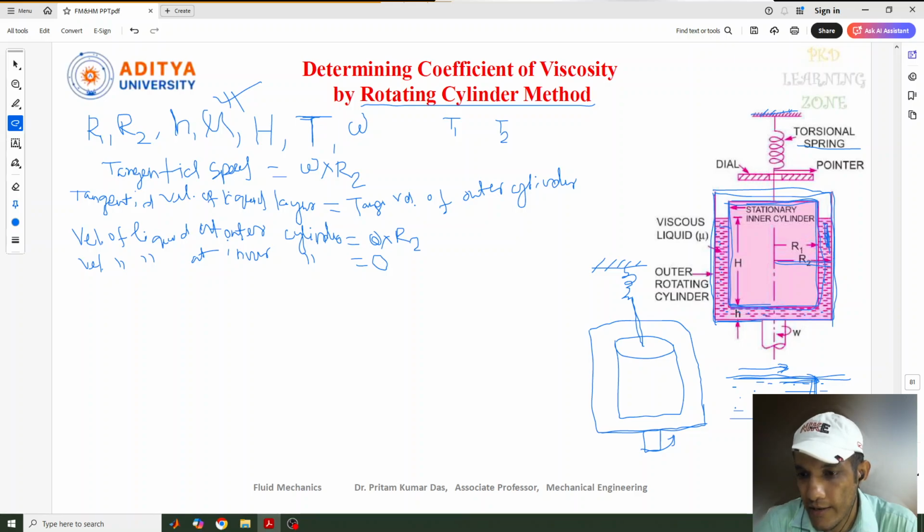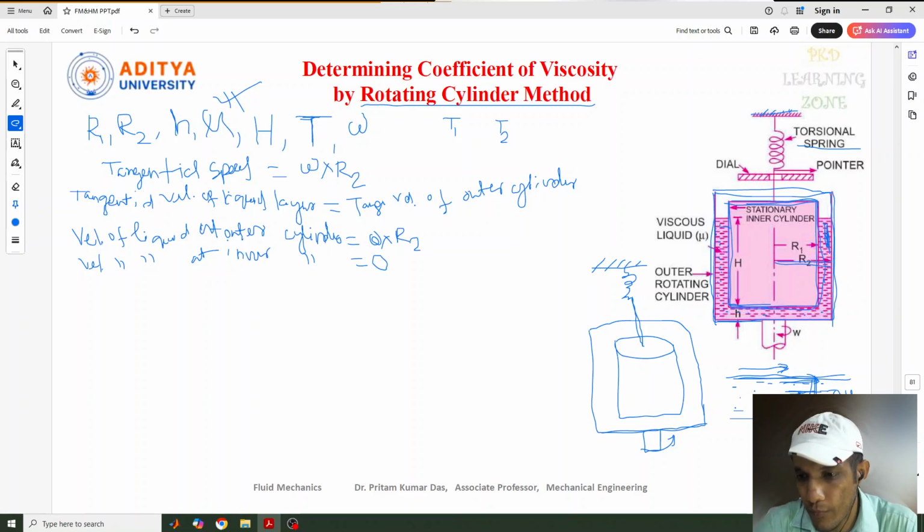As the layers increased, we got the velocity gradient, del u by del y, and with change in distance del y, at this level what is the velocity, and at that level what is the velocity.